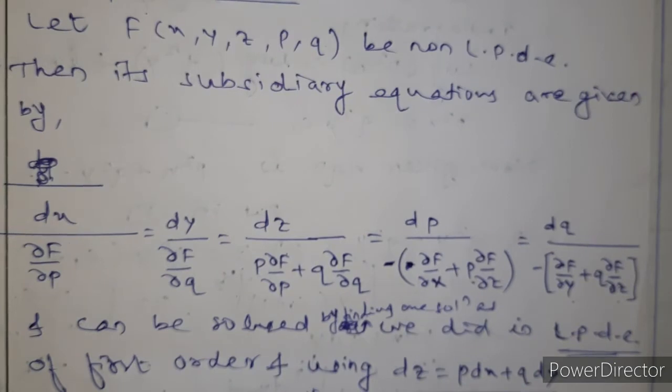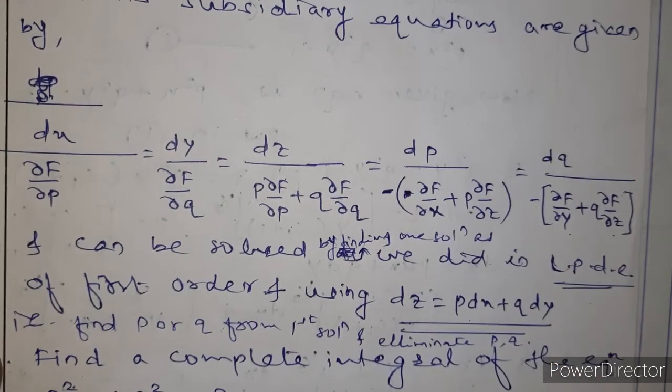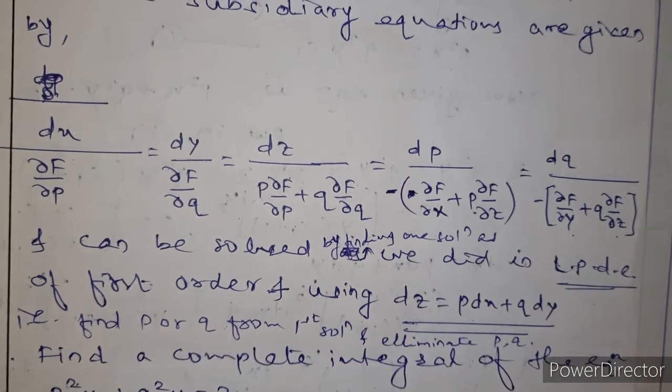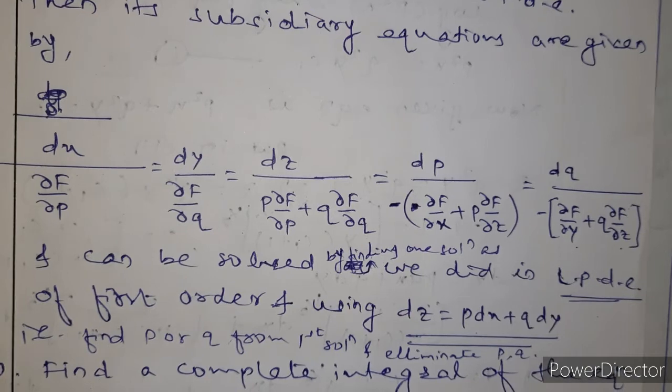Understood what I am saying here? To get the solution, what I have to do? I have to eliminate p and q, and we get a complete solution. So let us take one problem here to solve to understand the concept. Question is, find a complete integral of the equation.